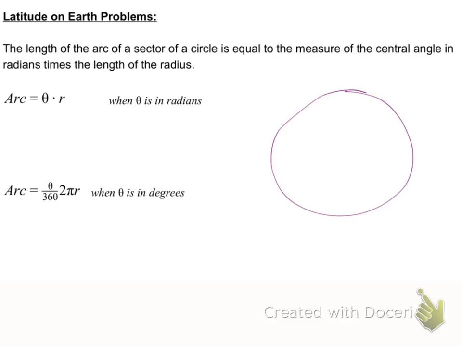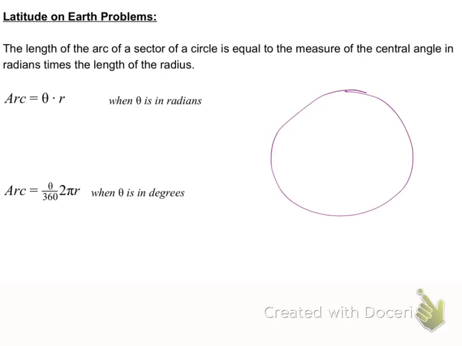Do you guys even know what latitudes and longitudes are? Latitudes are your horizontals. Longitudes are your vertical lines wrapping around the Earth. Each of those represents a certain degree. So if it's 5-degree latitude, that means you're 5 degrees from the center to the equator and up.